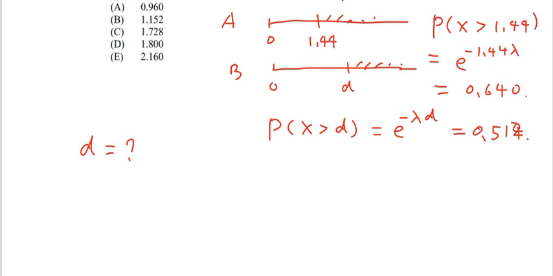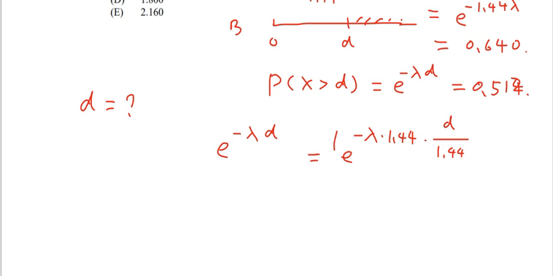Okay, e to the negative lambda D equals e to the negative lambda 1.44 to the power D over 1.44. So this part equals 0.64.